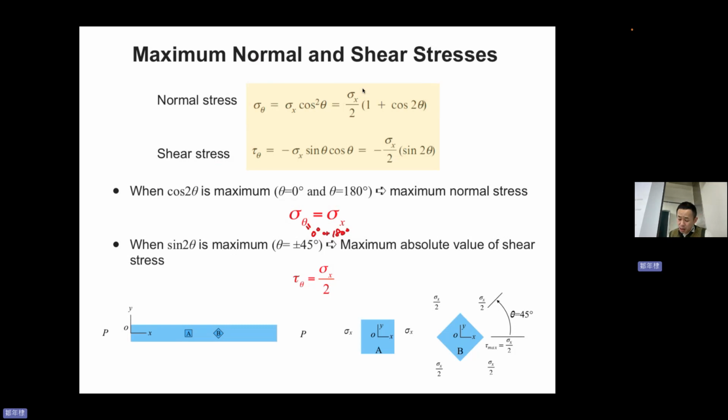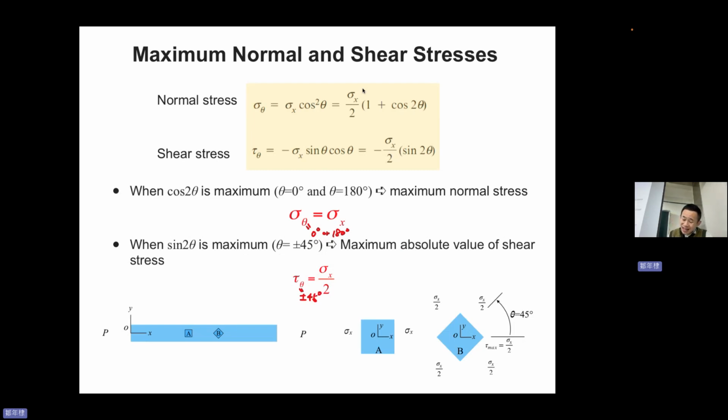And sine 2 theta is maxima with theta equal to plus and minus 45 degree. So the maxima value of the shear stress, tau theta, equal to sigma x divided by 2. So theta equal to plus and minus 45 degree, and you will have sigma x divided by 2.